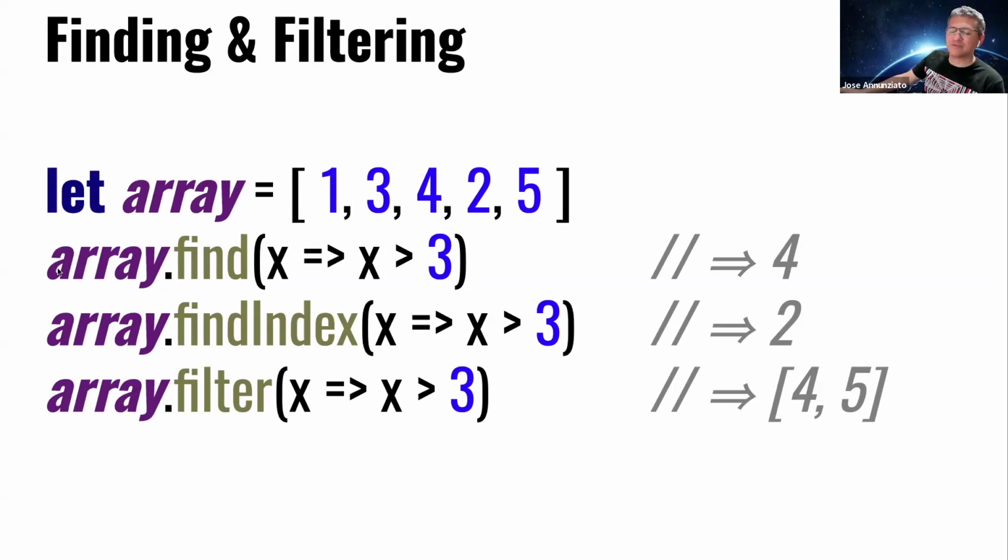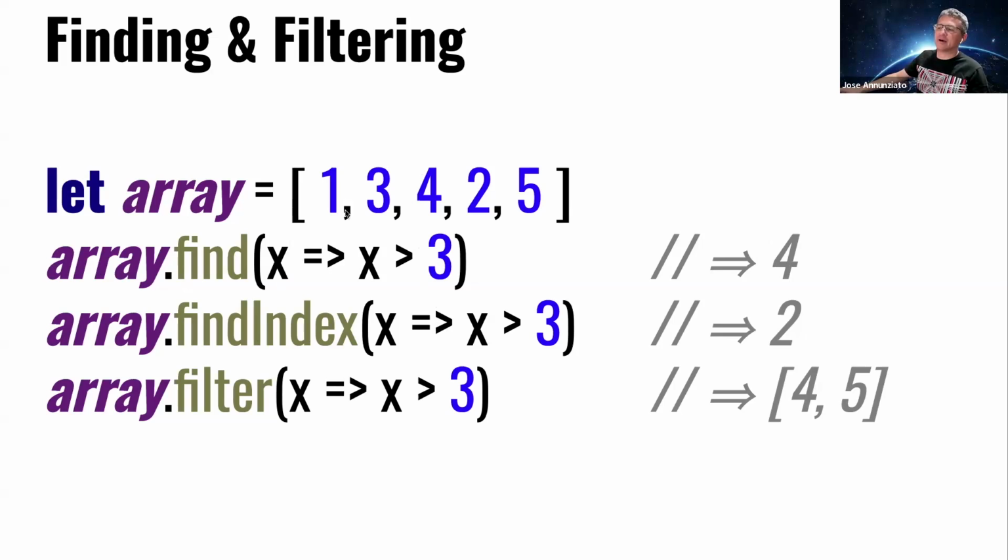So what does this return? 4. Because that is the item that makes it true, and then it stops. So find index works exactly the same way, but it doesn't return the value. It returns the location, the index where it was.